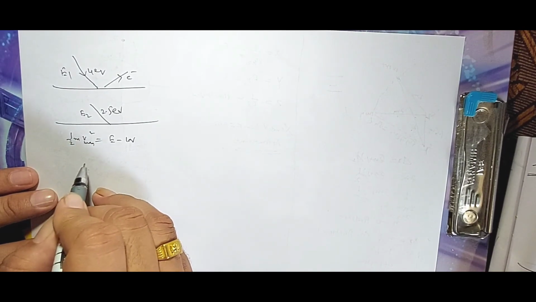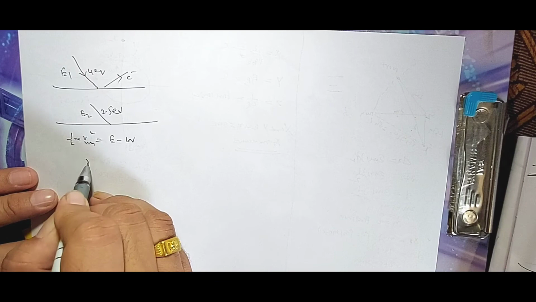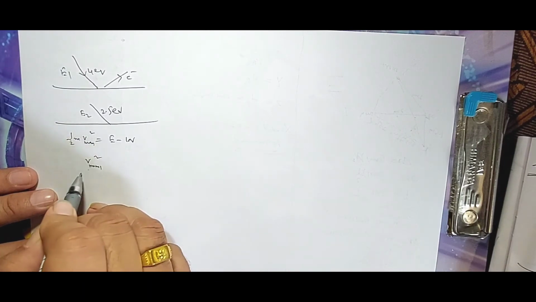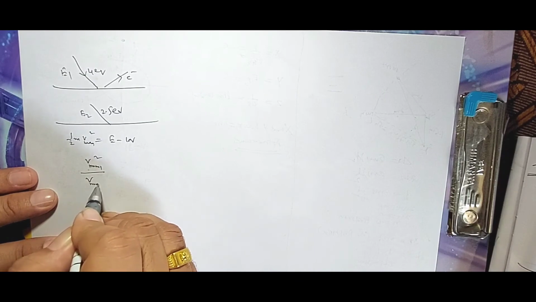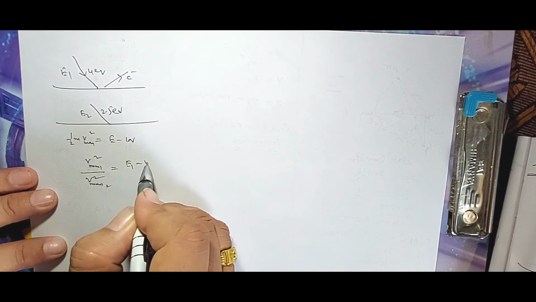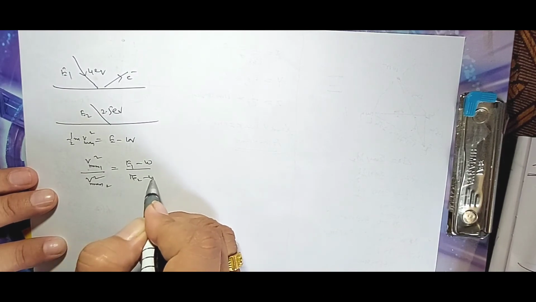Also, we know that v maximum 1 square by v maximum 2 square is equal to E1 minus W by E2 minus W.